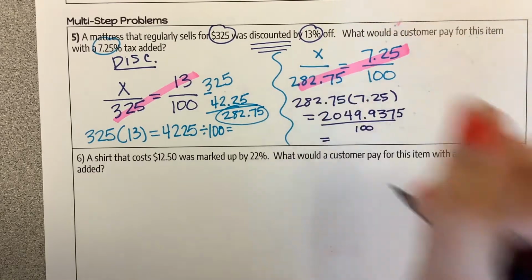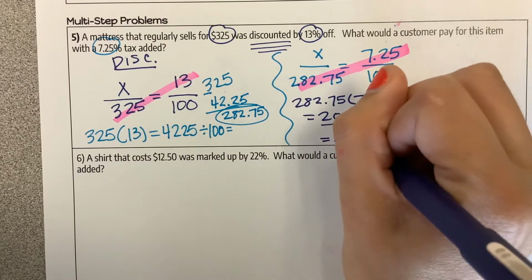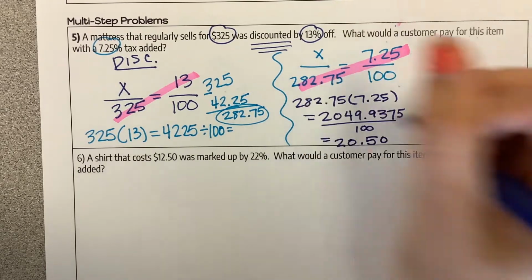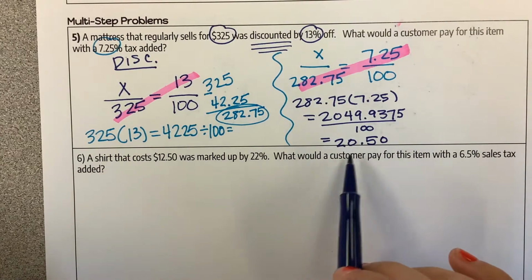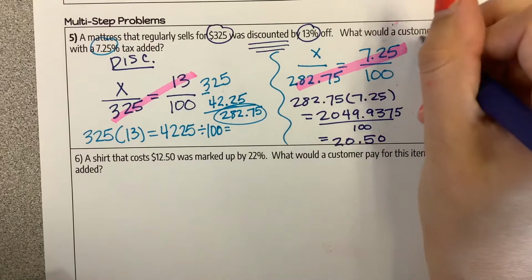Divide that by 100, and we get, I'm going to round, 20.50. So the tax amount that we're paying is $20.50.